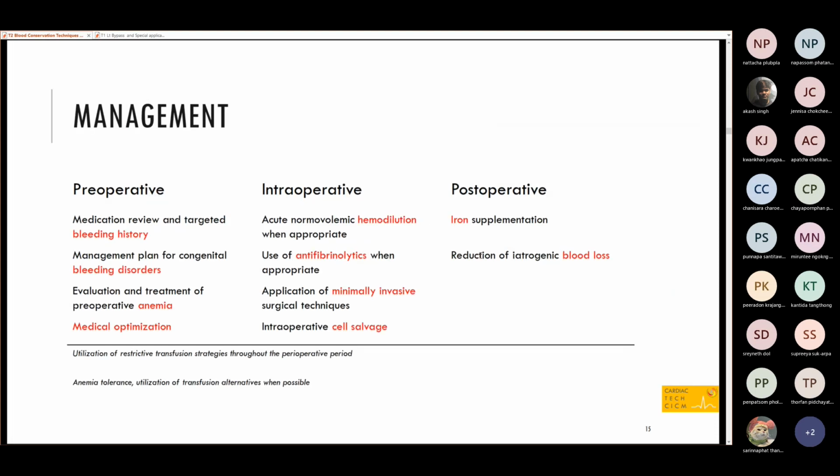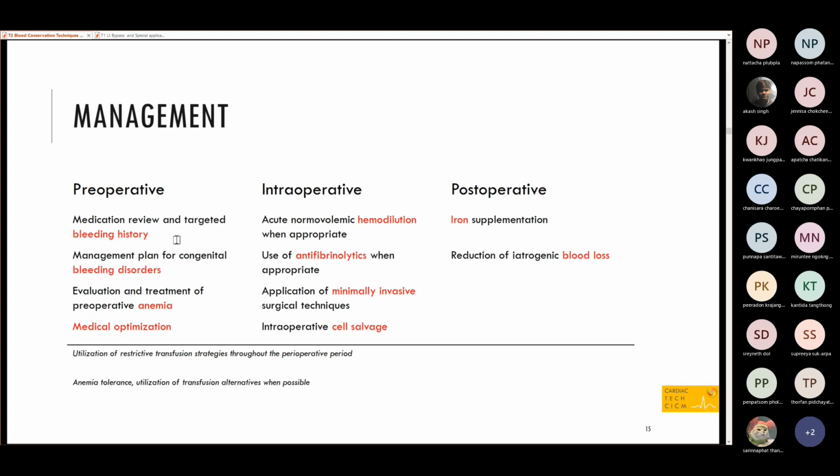So how do we do this? We usually classify the timeline into three parts, right? This is during our management in our case. So as in this case, you're going to see the pre-operation.